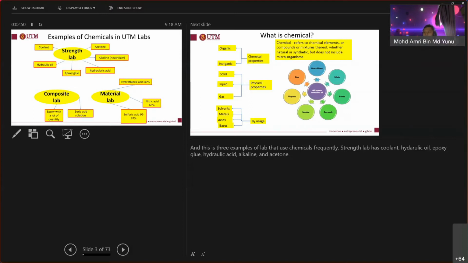A lab that uses this kind of chemical frequently, I think is true for other labs in UTM, like chemicals for bonding, like epoxy, or hydrochloric, alkaline, acetone, coolant, and composite lab, and material lab. In chemicals, the list is endless.